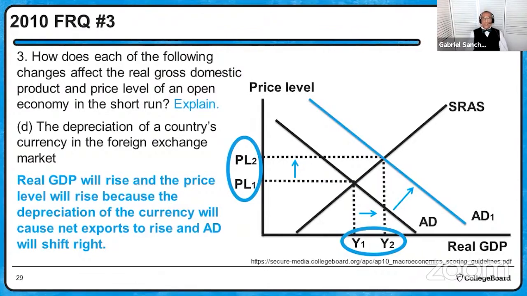Those other countries can now buy more of their currency at a lower rate, which means price of goods and services to the buying country are cheaper. So exports will increase. So we have an increase in net exports. As these net exports increase, aggregate demand will shift to the right. And as we can see, an increase in output, an increase in the price level.